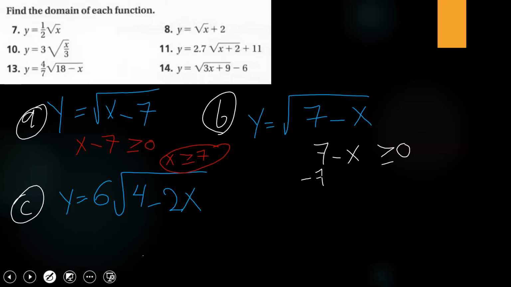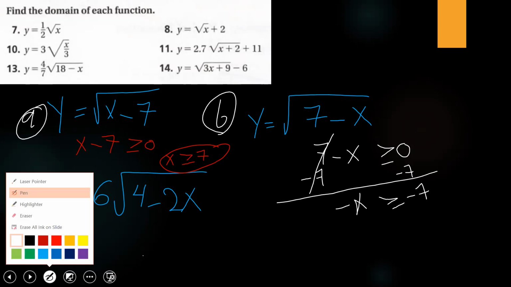Minus 7, minus 7. I want to keep x first, then the inequality sign, then the numbers. So what do I have to do? I have to subtract 7 from both sides. So negative x is greater than or equal negative 7.